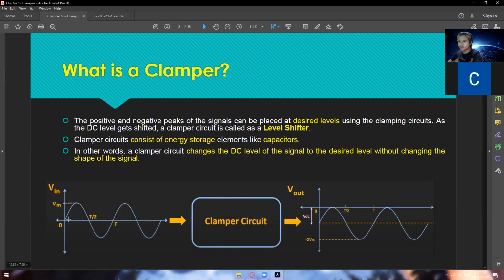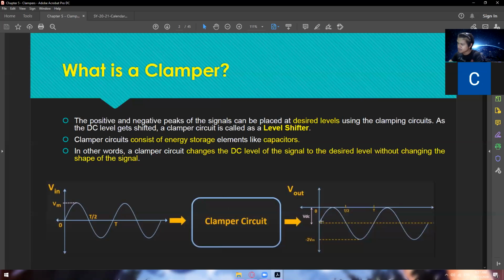As you can see right here, we have a very straightforward example. We have a sine wave, with a positive half cycle and then a negative half cycle. Once it passes a clamper circuit, this one is now a negative clamper circuit, because it shifts the entire level into the negative.